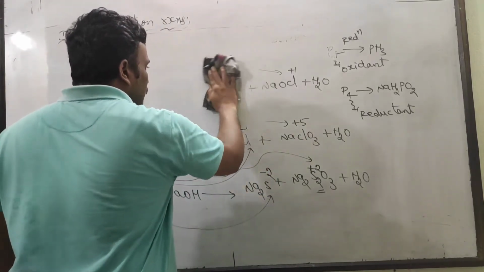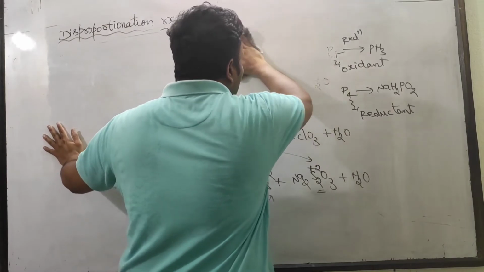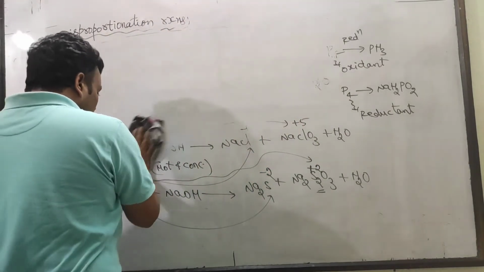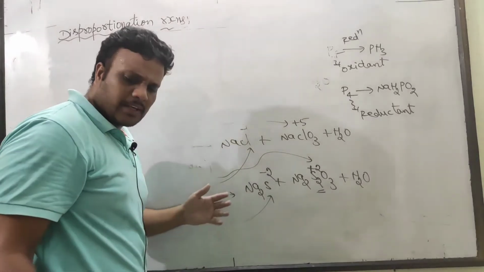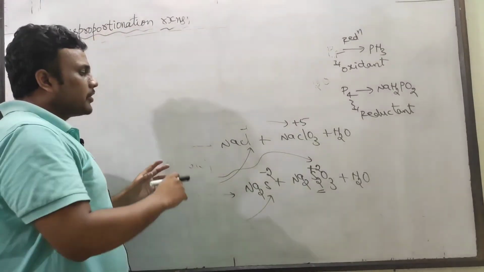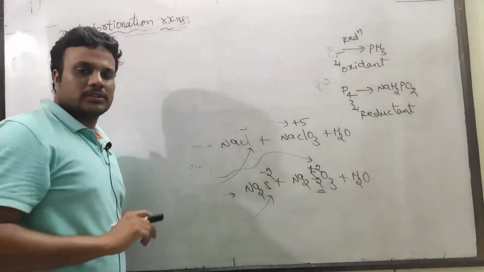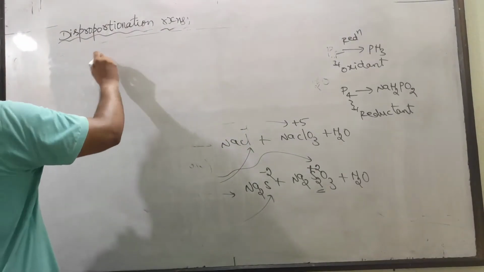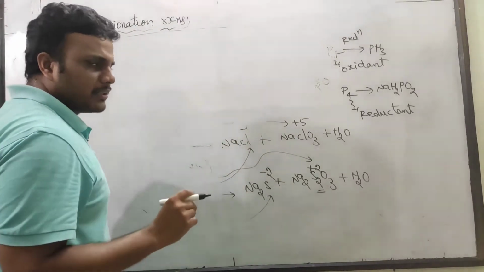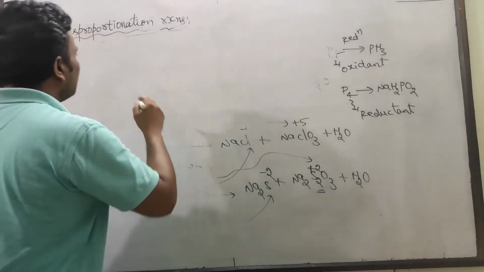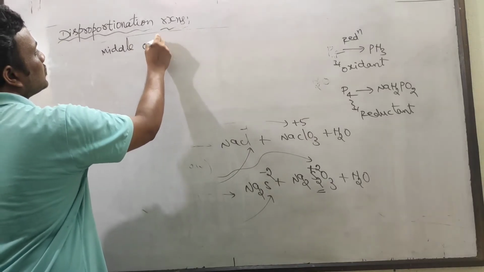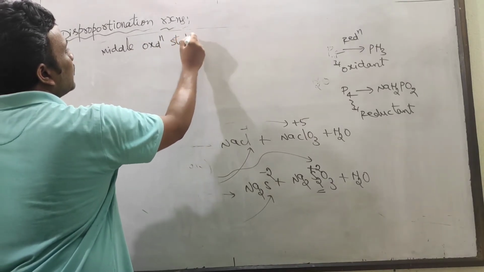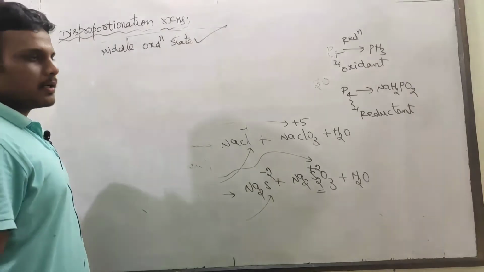You will be given four options and you have to find the substance which undergoes disproportionation. Just now I told you, in disproportionation both increase and decrease of oxidation state take place. So if the given element, generally the central atom, is in a middle oxidation state, then it undergoes a disproportionation reaction.